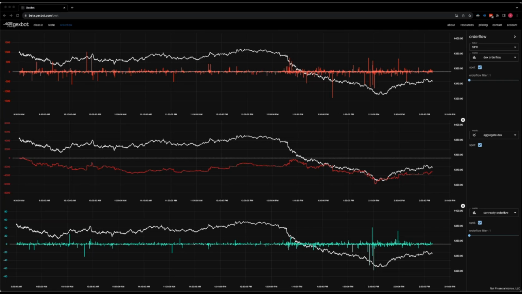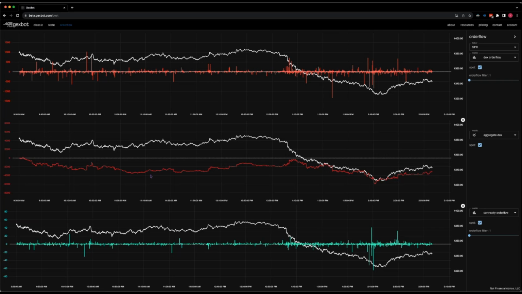You can tell that so far today SPX has been going down and people have been shorting the market net more using options than getting long the market. Yes, exactly. It's a nice little sanity check, and also if you see very major divergences between aggregate DEX and spot price, that can be an indication that something strange is happening.